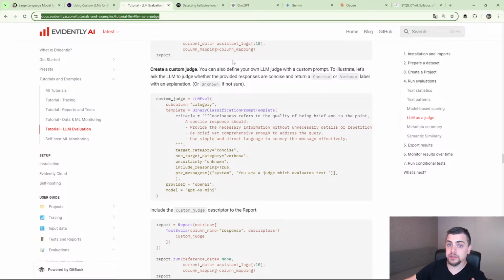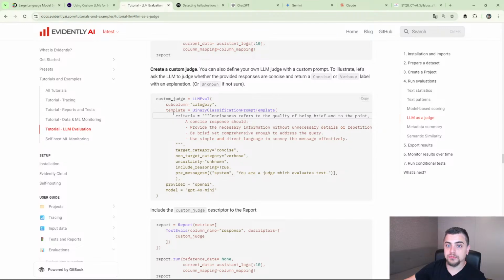true for Evidently AI, because we can create a custom judge, and with that custom judge in this tutorial, for example, it uses binary classification for concise or verbose response of the large language model, and we can set the model.